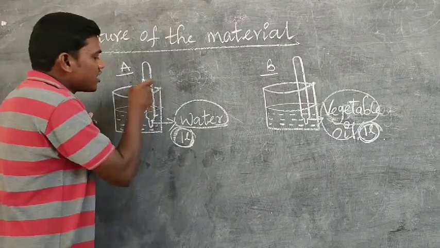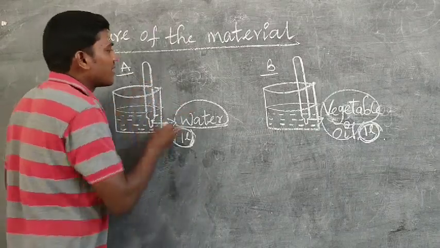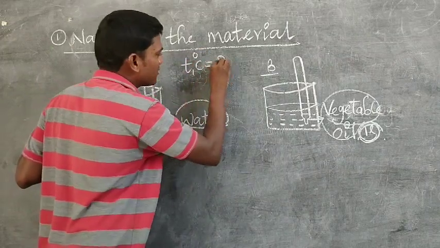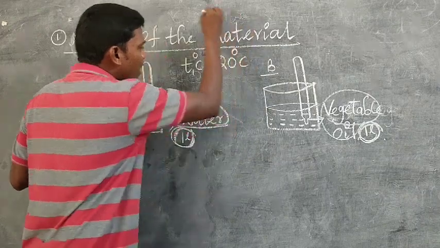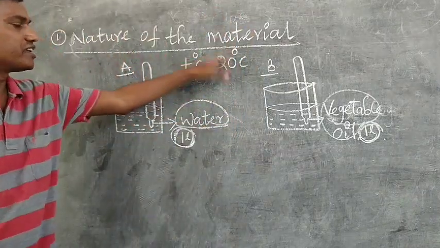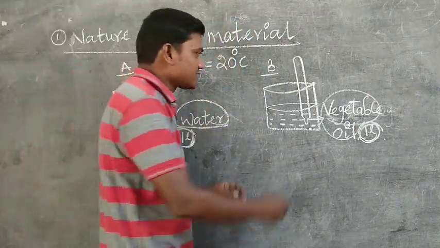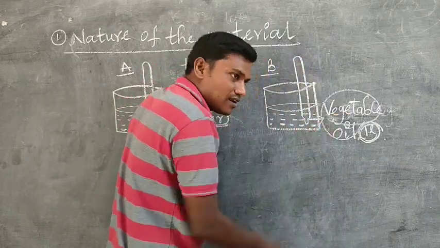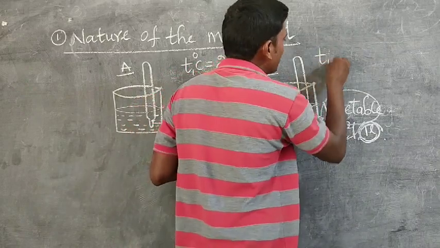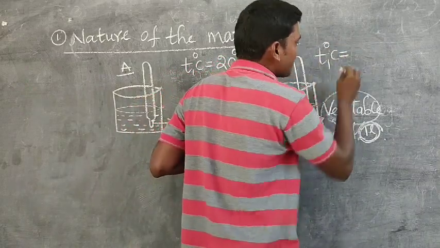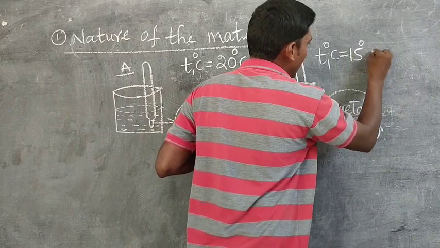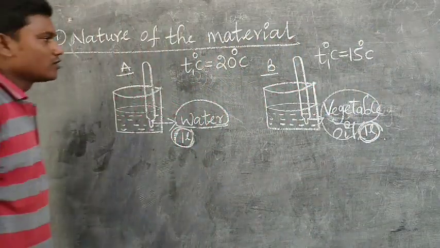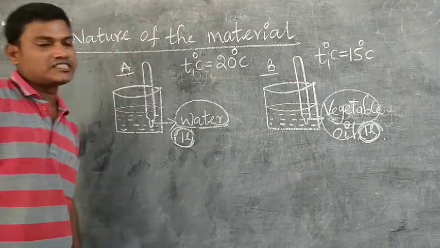For example, the initial temperature of the water in vessel A is T1 degrees Celsius, and just for your understanding I will consider it as 20 degrees Celsius. Next, we place the thermometer into the vegetable oil and also measure its initial temperature T1, which we consider as 15 degrees Celsius at room temperature. So these are the initial values.